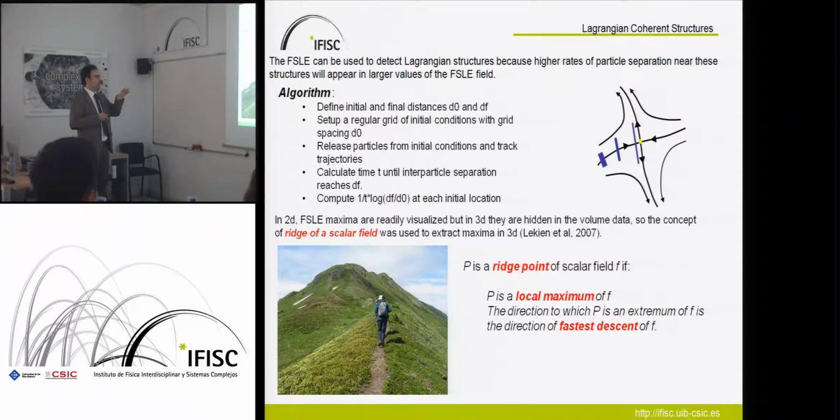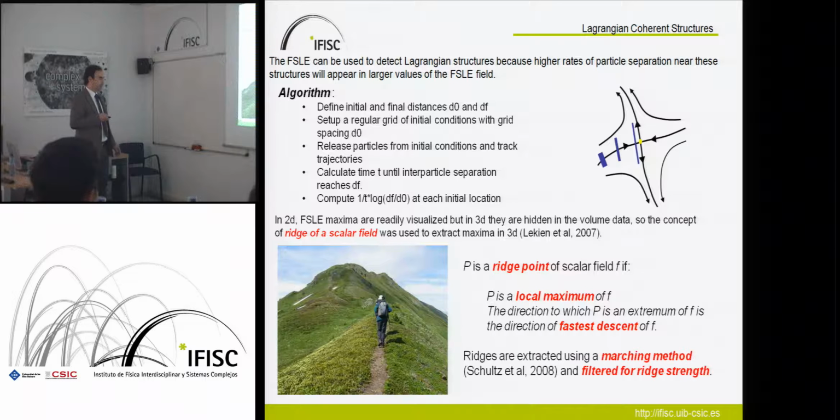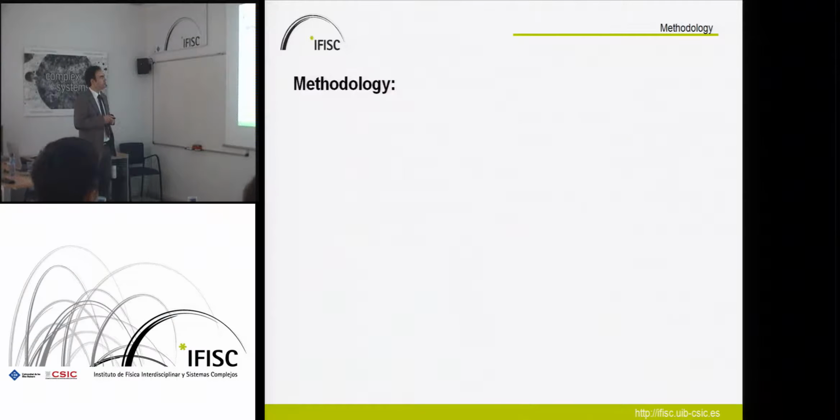So this is the definition of a ridge point, and when we take our field of finite size Lyapunov exponent, we extract the ridges by using a marching method, which means that we compute this criterion at every point. And of course, not all ridges have the same strength, and when I say strength, I mean the convexity of the ridge. Actually, we are only interested in the strongest ridges, so we filter these results to obtain only the strongest ridges.